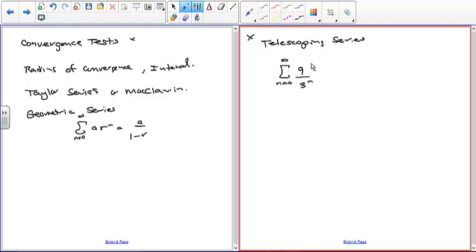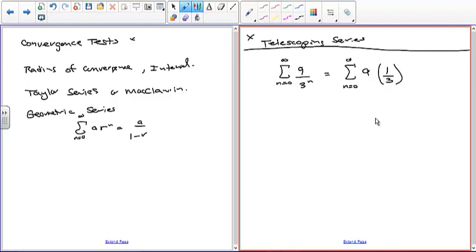So first you have to identify, well, I would tell you it's a geometric series, so you'd have to just do a little manipulation here to rewrite it. And remember, you can always put a 1 in the numerator like that, because 1 to the n power is 1. 1 to any power is 1. So this is really that. And now it fits the form of a geometric series.